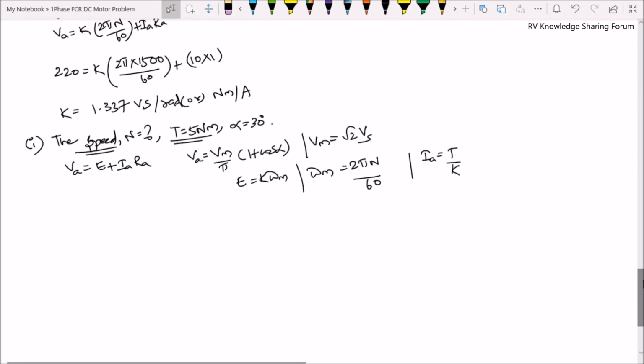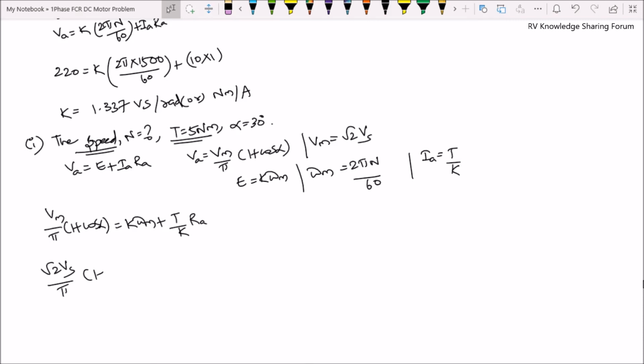For a DC motor, Ia is equal to T by K. Now let us substitute all these into the motor equation. Instead of VA we substitute Vm by pi into 1 plus cos alpha, which is equal to K into omega m plus T by K into RA. Substituting Vm, root 2 Vs by pi into 1 plus cos alpha is equal to K into 2 pi n by 60 plus T by K RA.